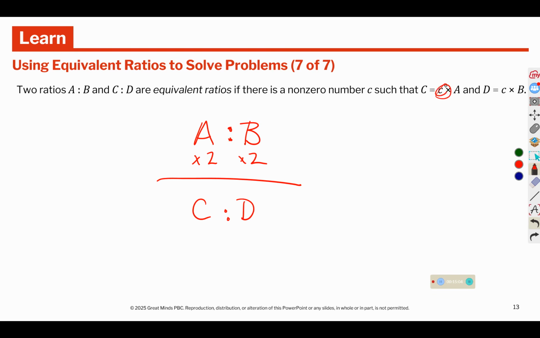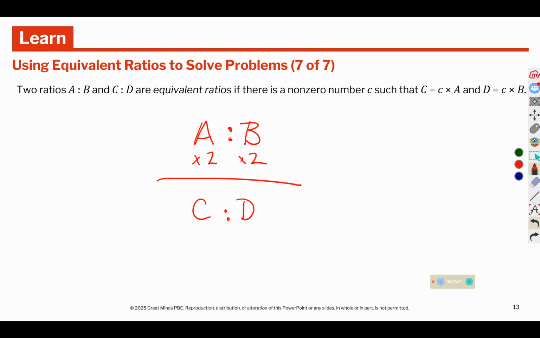So this c is like the number 2 here. If I can multiply A by 2 and B by 2 to turn it into a new ratio, then it's equivalent. And that works for any number. That's why they're saying that it's in symbolic language.